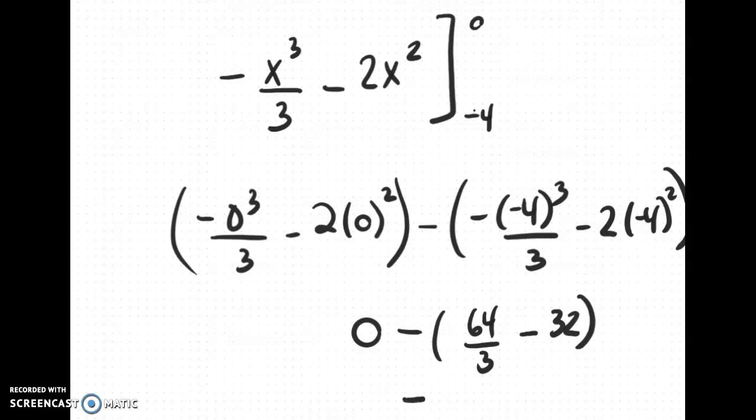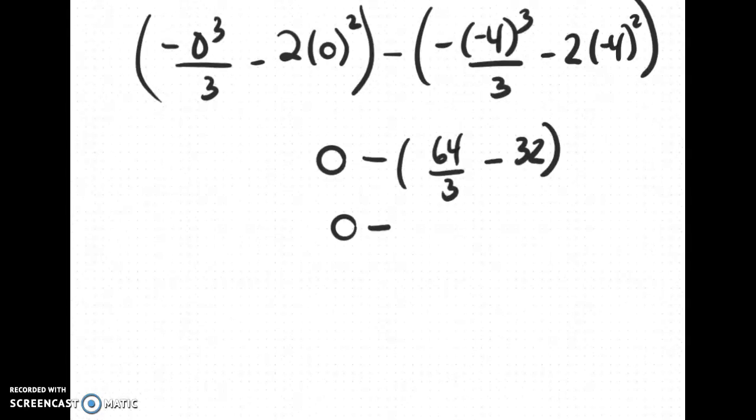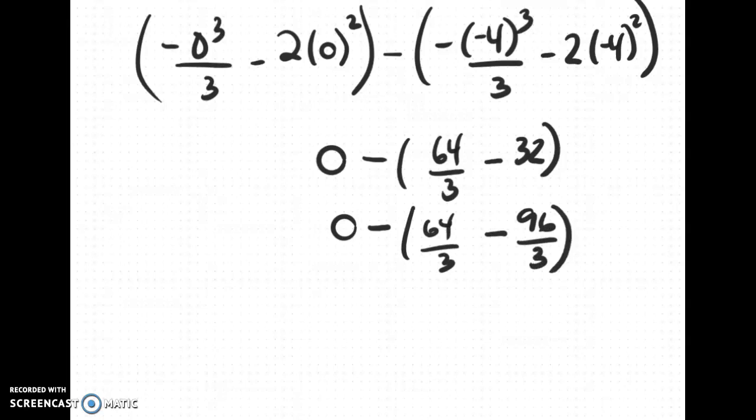And so I've got 0 minus, and then finding my common denominator here, which is 3, I would have 64 thirds minus 96 thirds. 64 minus 96 gives me a -32 over 3. And remember, this is 0 minus this.